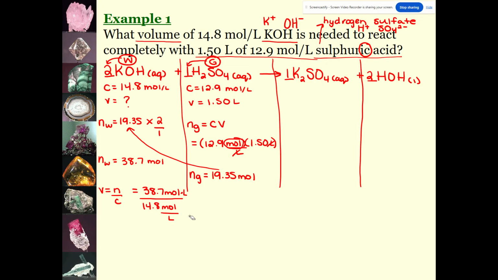So just for unit analysis purposes, we can see how our moles cancel and we're left with liters. Okay, whatever units you're solving for should always be left on the top. So I get an answer for my volume of 2.6148 so on liters.